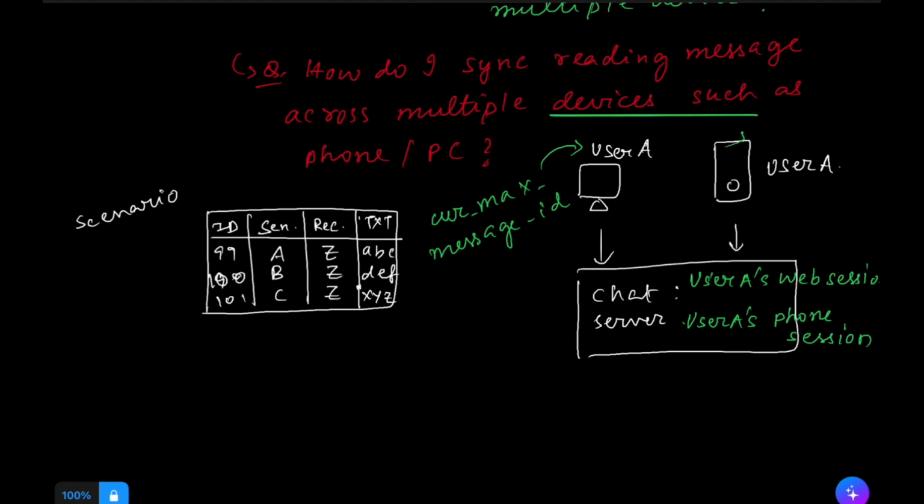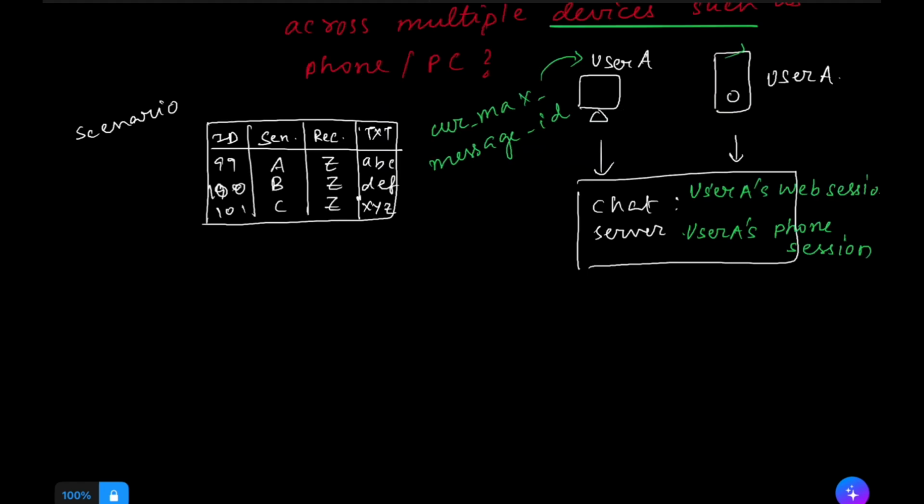So what is this current max message ID? This is basically a unique message ID for individual devices, that is the web app and the phone, which denotes the last message ID which has already been received or read from the key value store. So how do we know?